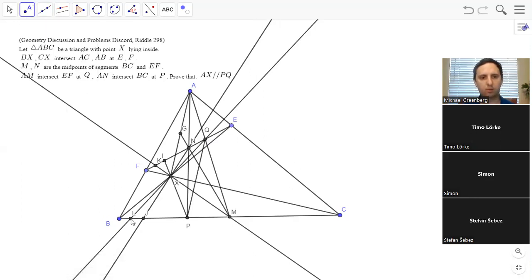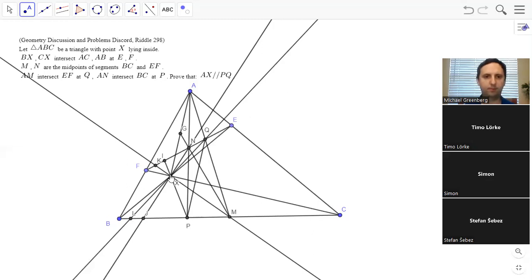Okay, we basically have that cross ratio BCLJ is equal to cross ratio EFIK. Well, it would be EFQN when we project through X, but are you saying that you could prove that it's EFIK?